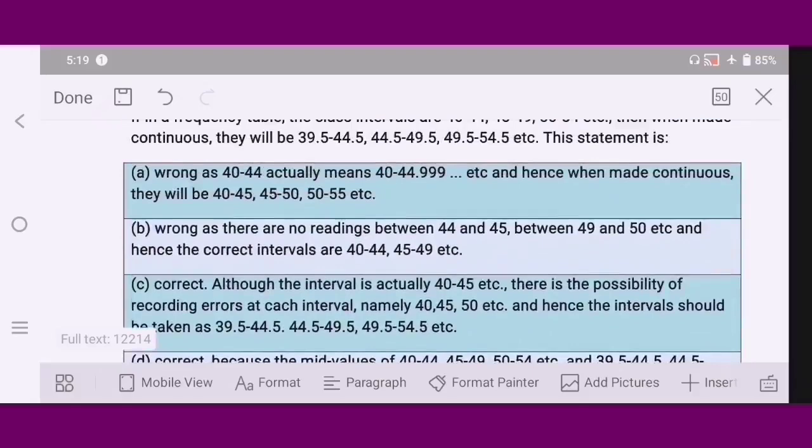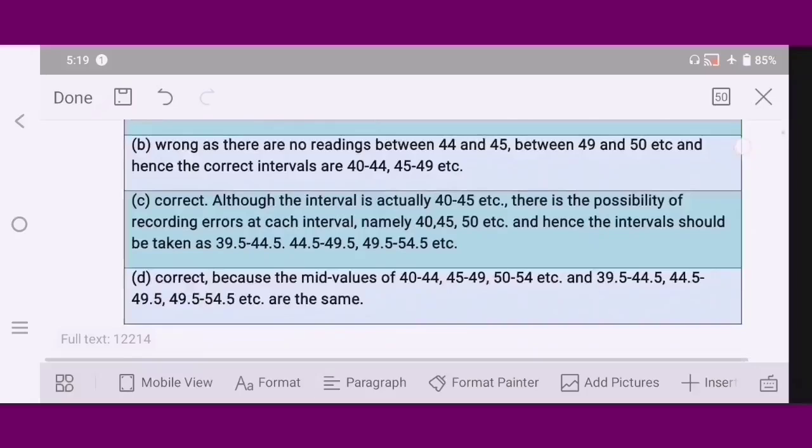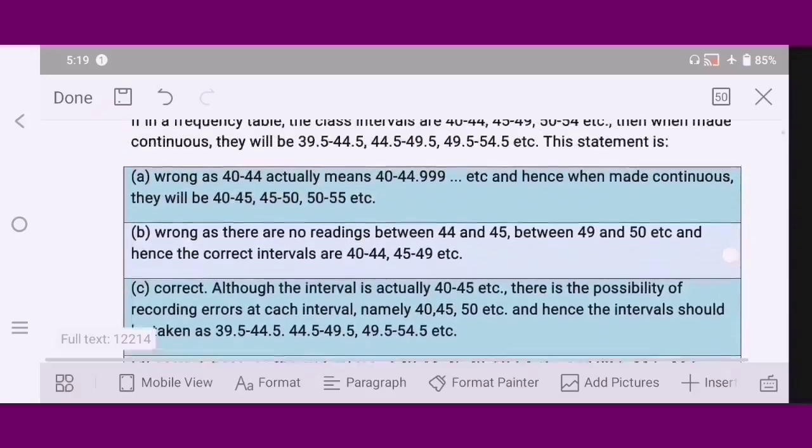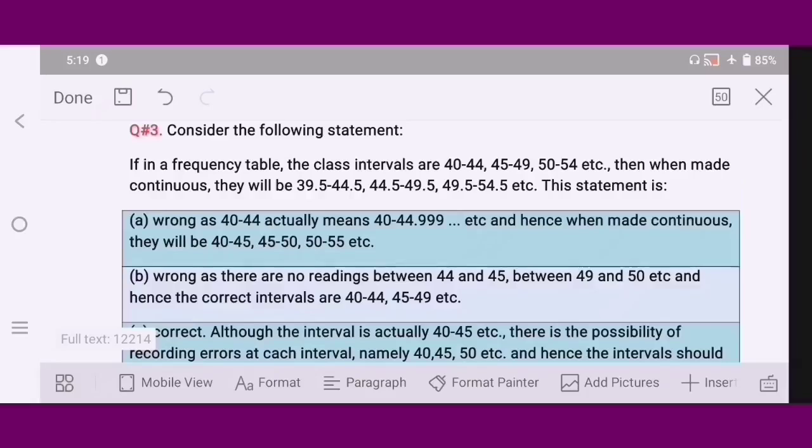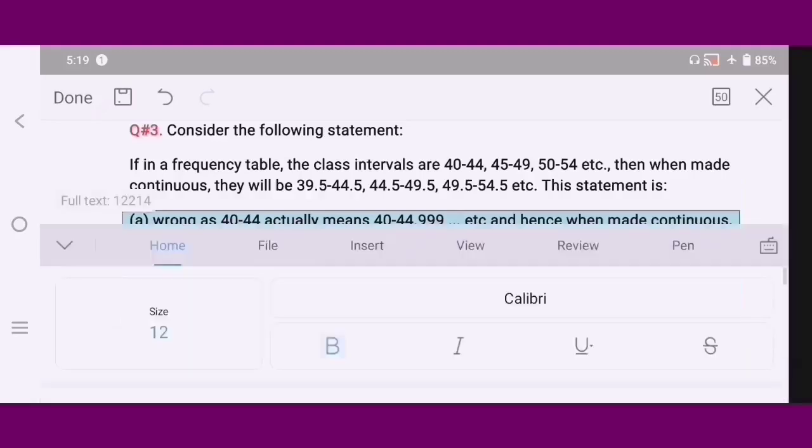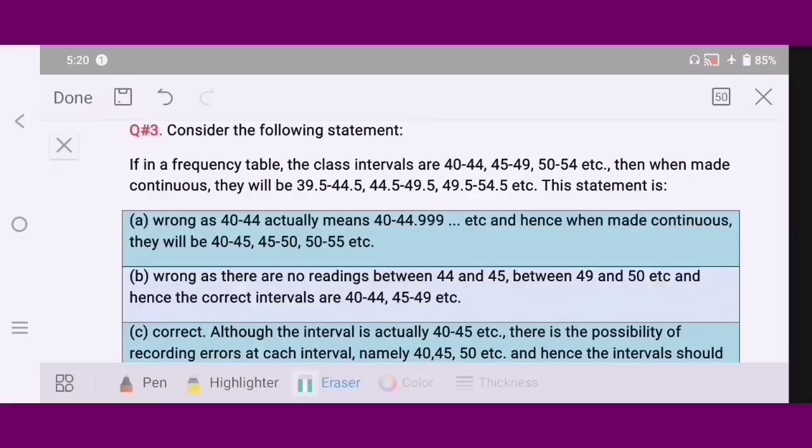So I think the correct one is the first one, that is A. When made continuous the upper limit and the lower limit will be the same, just like 44.5 and 44.5. Okay, so option A is correct.